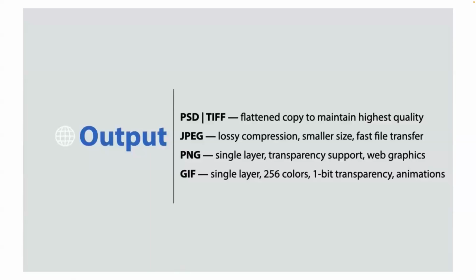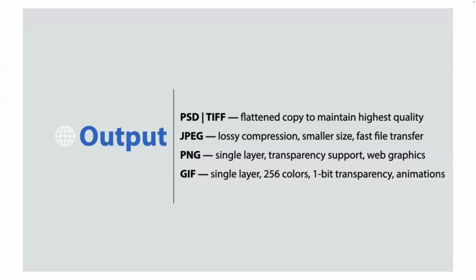GIF, not so much. But the fun thing about GIF is you can make animations. We love our GIF animations, right? We'll play around with that in Photoshop later, not today. In every situation, you have to think about it, choose the right file format, and move forward.